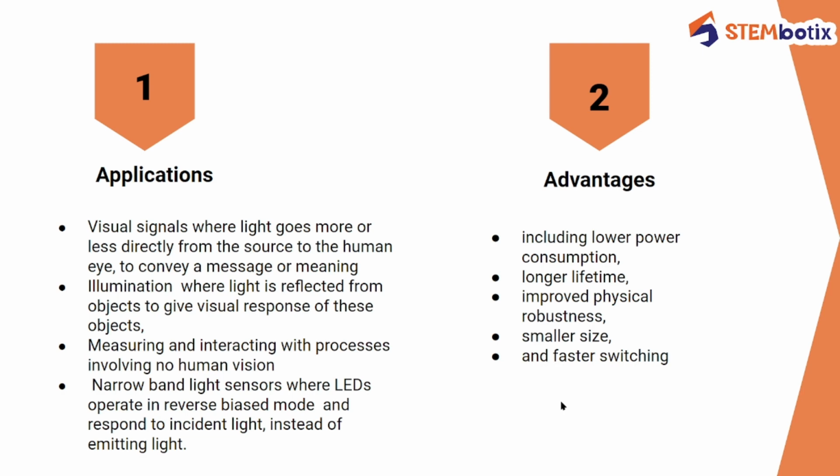Now let's see the different applications. As you all know, LEDs are widely used for decorative purposes, and we have seen these series lights in our homes and elsewhere. Another application is visual signals, where light goes more or less directly from the source to the human eyes to convey a message.